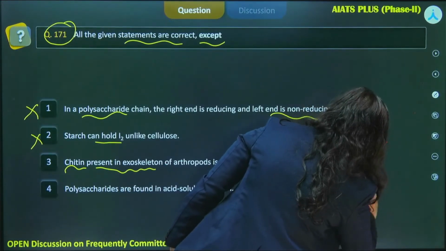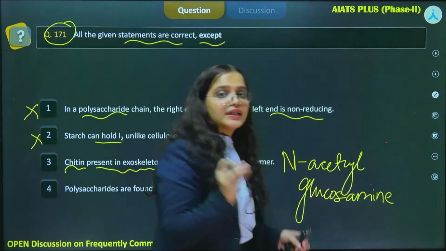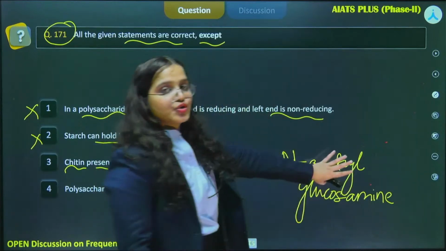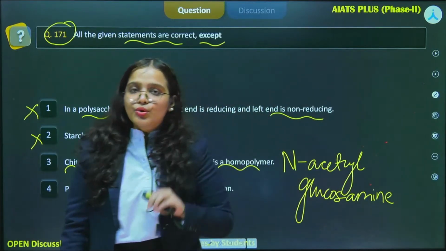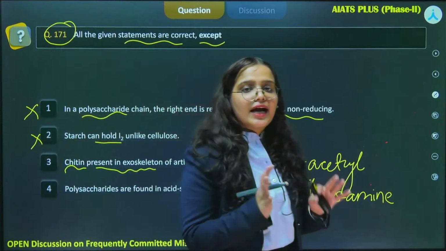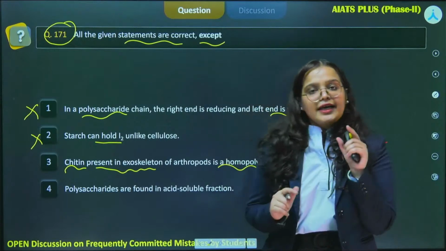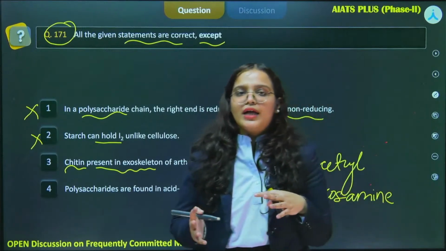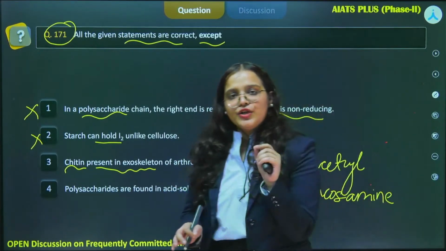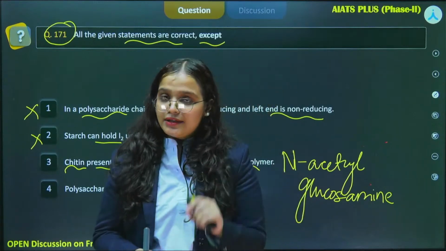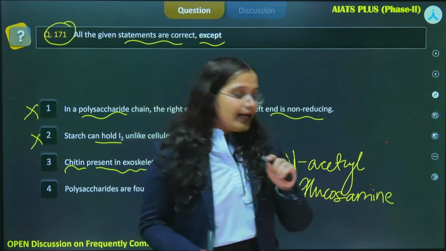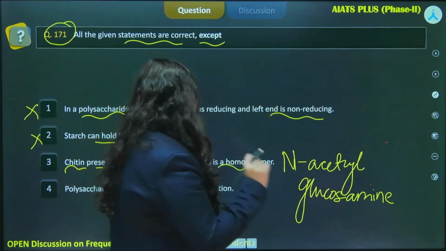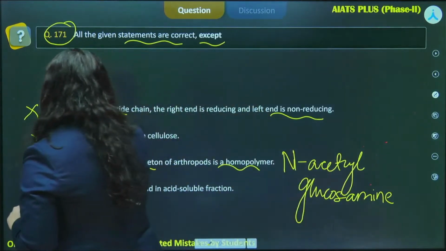So basically this chitin is a polymer of a single sugar, which is N-acetyl glucosamine, and therefore we say that chitin is a homopolymer, whereas if a polysaccharide is made up of more than 2 sugars, it is called a heteropolymer. For instance, peptidoglycan present in the bacterial cell wall is made up of N-acetyl glucosamine and N-acetyl muramic acid, and therefore our third option is also correct.